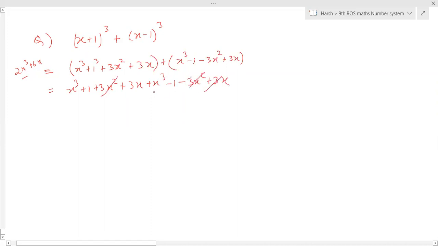Oh, sorry. Minus 1 and plus 1 will get cancelled. So 2x cube plus 6x. But most of you have left the last step, that x is common. Understood?